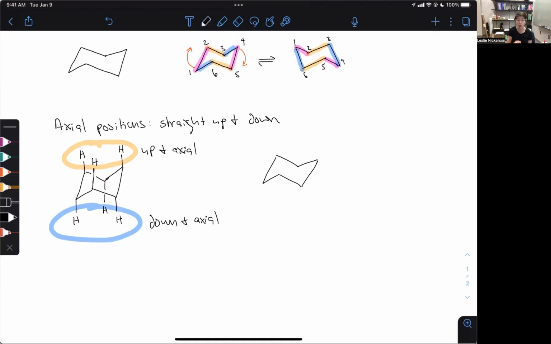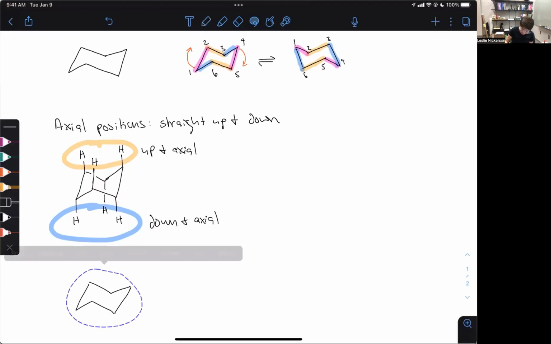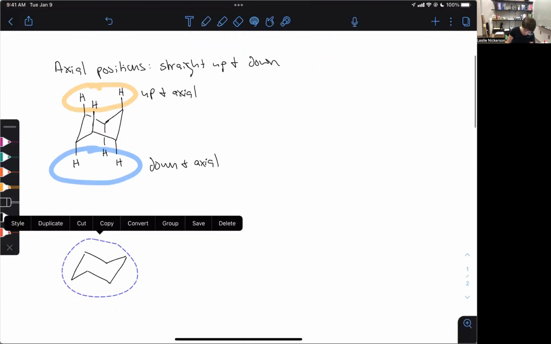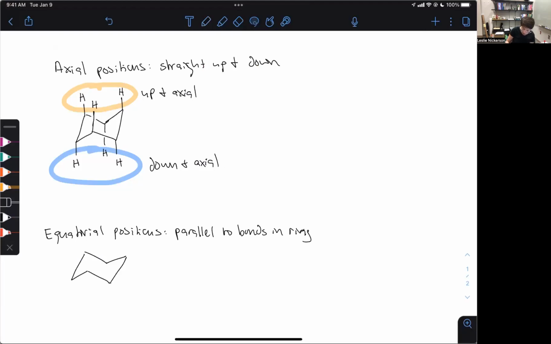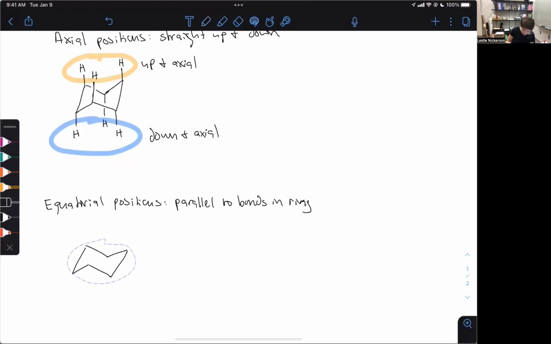Axial positions are not parallel to anything. So they're going to be parallel to bonds in the ring.